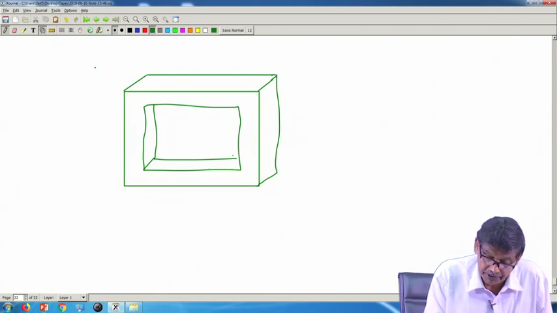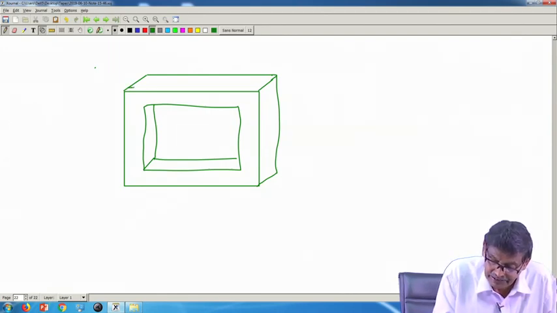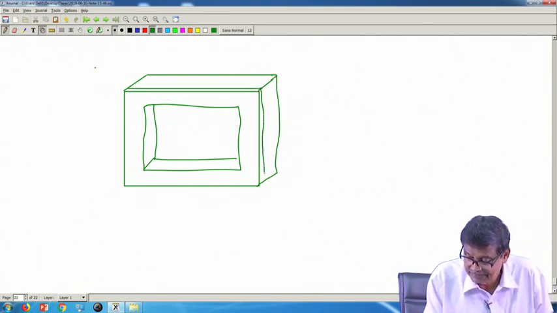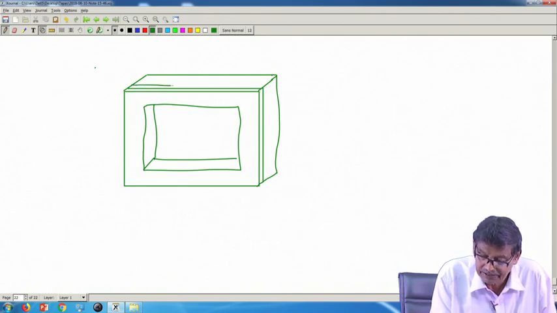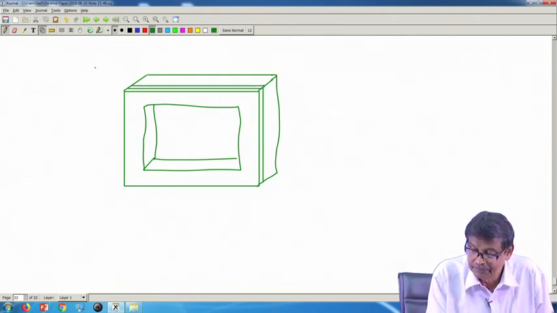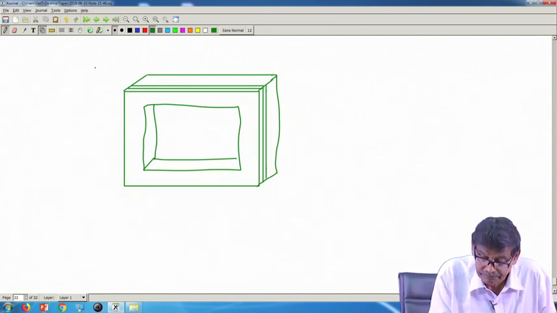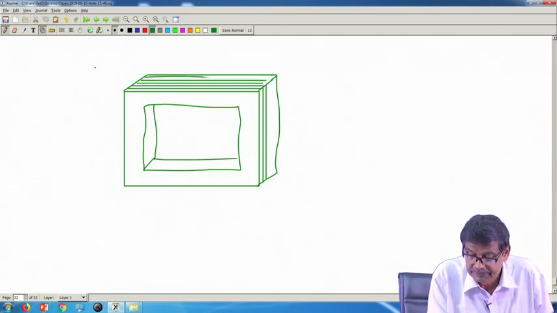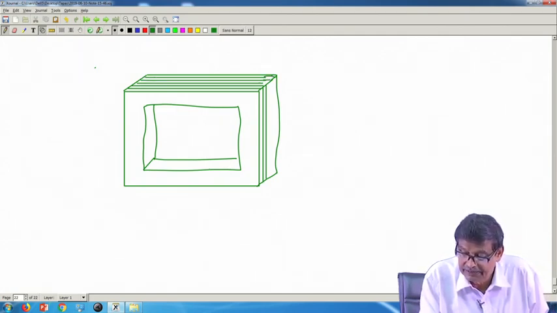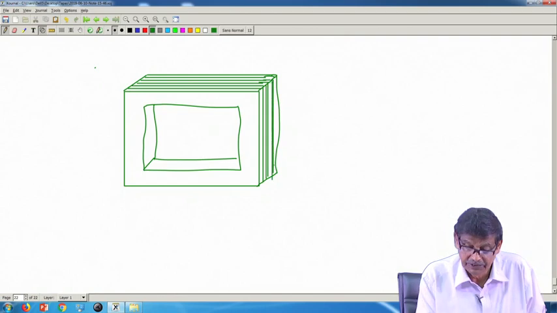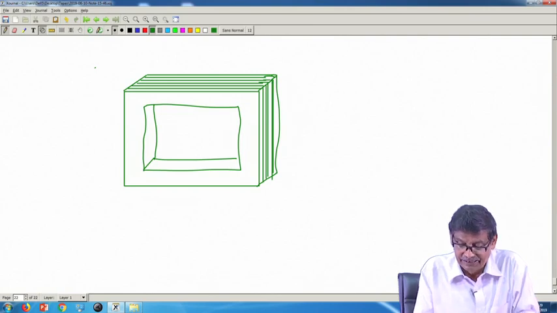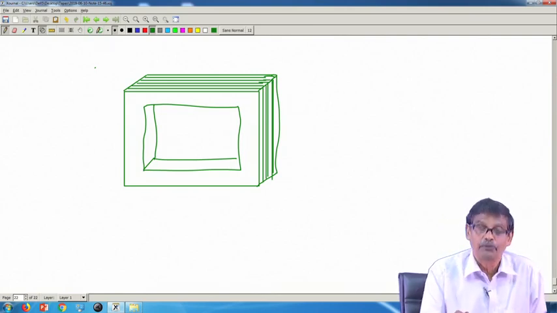Instead of a solid block of iron, I will use thinner plates. So, this I am showing by lines. Another plate, another plate, another plate. I think you have got the idea of this kind. So, many plates like this, you stack them together and try to form a core material like this.